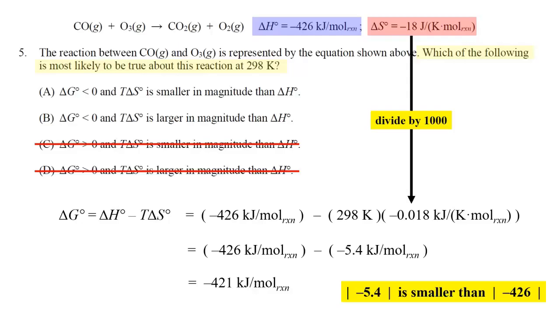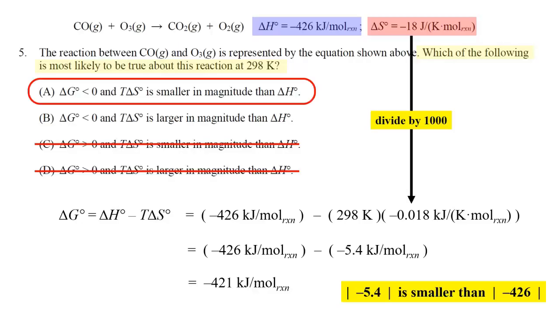So the absolute value of negative 5.4 is 5.4. And then the magnitude, the absolute value of delta H, would be 426. So the magnitude of T delta S is smaller than the magnitude of delta H, and so that makes choice A the correct answer. So the answer to question 5 is choice A.